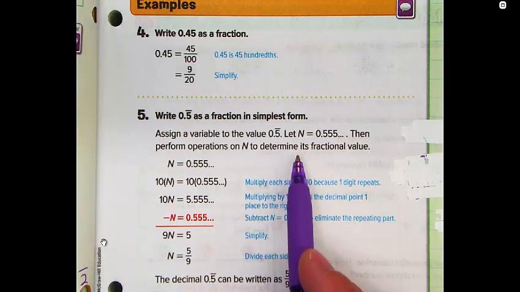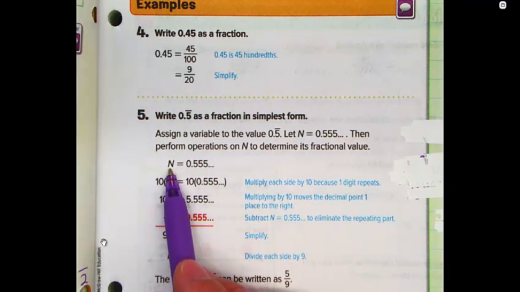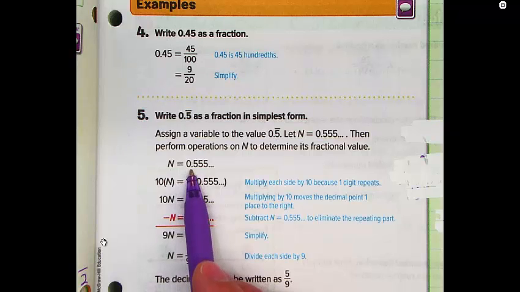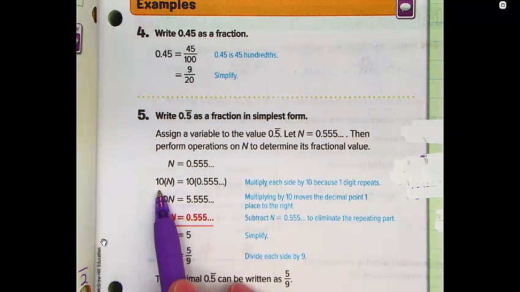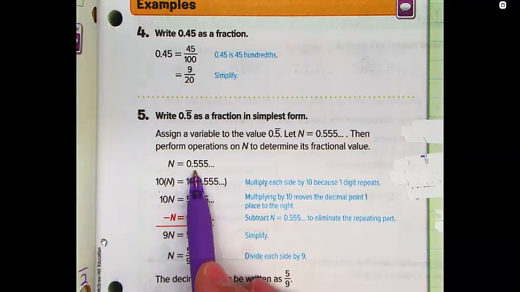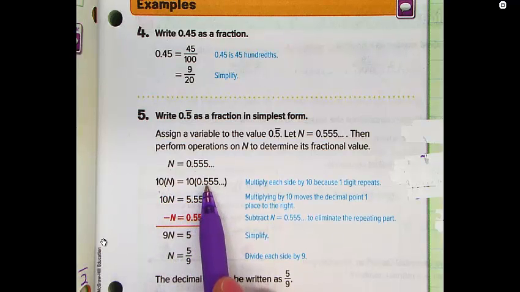Then perform operations on n to determine its fractional value. So we start here where n equals 0.555. And then if we look down here, we have the n, which remember is this here, times 10. That is going to allow us to actually get rid of part of our decimal here.